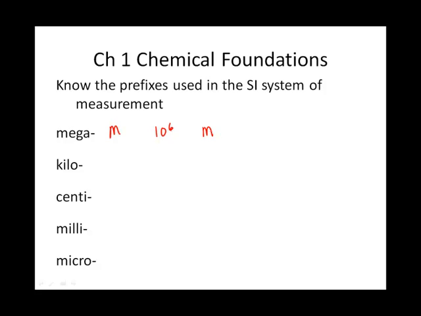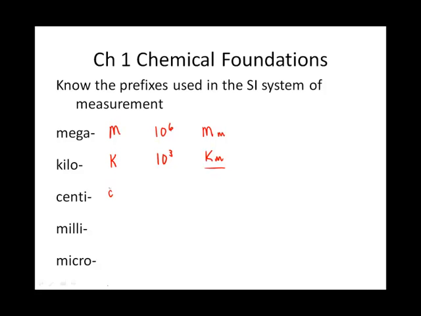So like mega meter would be capital M, little m, and it would be 1 million meters. More familiar to us is the kilometer, lowercase k, which means 1,000. And so when we see kilometer, you're much more familiar with kilometers, 1,000 meters.